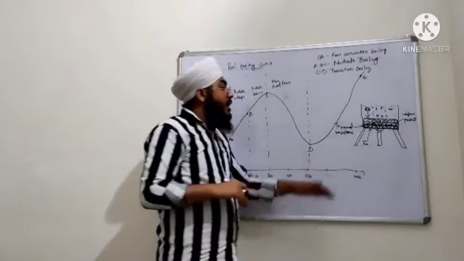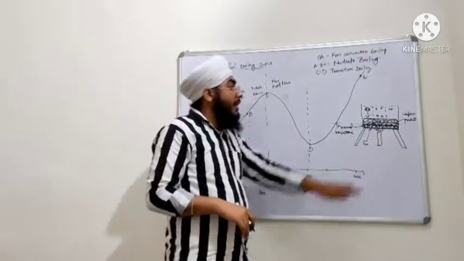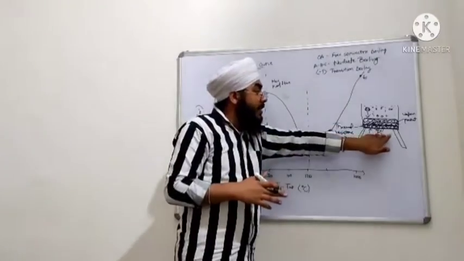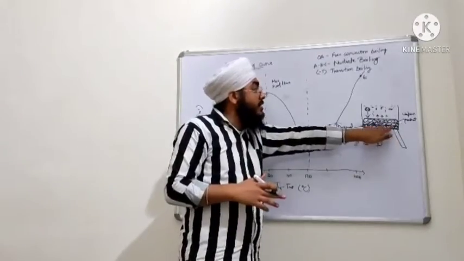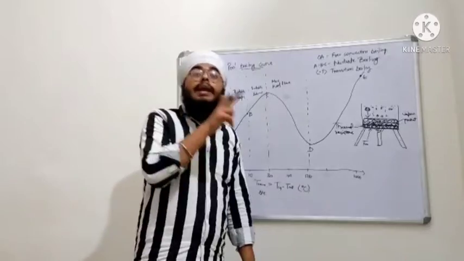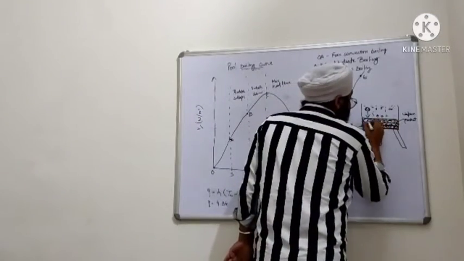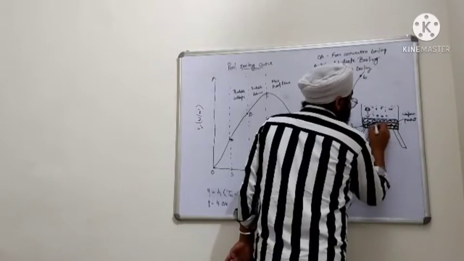This vapor pocket will transfer the heat which the burner is giving to the solid surface to the liquid by radiation, because this film is produced.